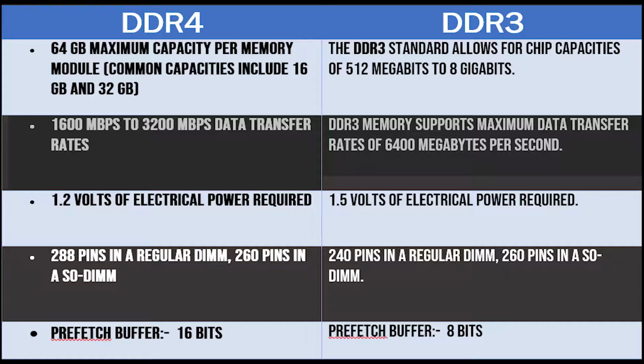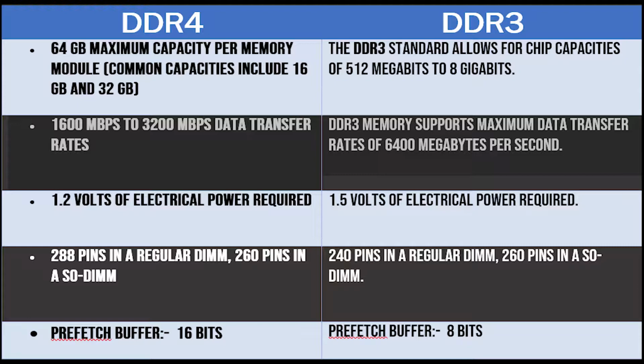The prefetch buffer is 8 bits in a DDR4, and in a DDR3, the DDR3 standard allows for chip capacities of 512 megabits to 8 gigabits. That is 512 MB to 8 GB. DDR3 memory supports maximum data transfer rates at 6400 Mbps. 1.5 volts of electric power are required for a DDR3 to function. 240 pins in a regular DIMM and 260 pins in a SODIMM.